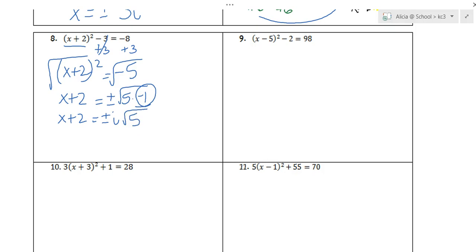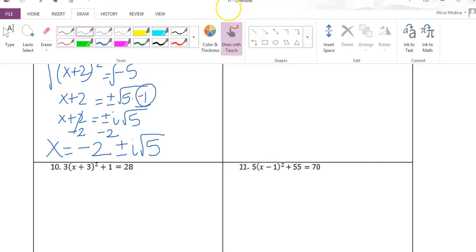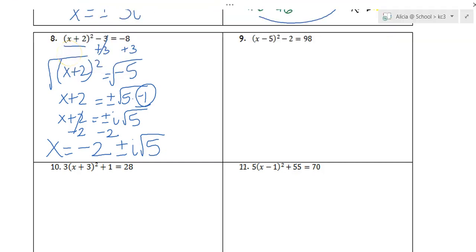I have to get x by itself, so I am now going to subtract 2 over to the other side. So now here my answer is going to be -2 plus or minus i times the square root of 5. Those are not like terms, so we cannot combine them, right? Just like in number 7, those are not like terms.